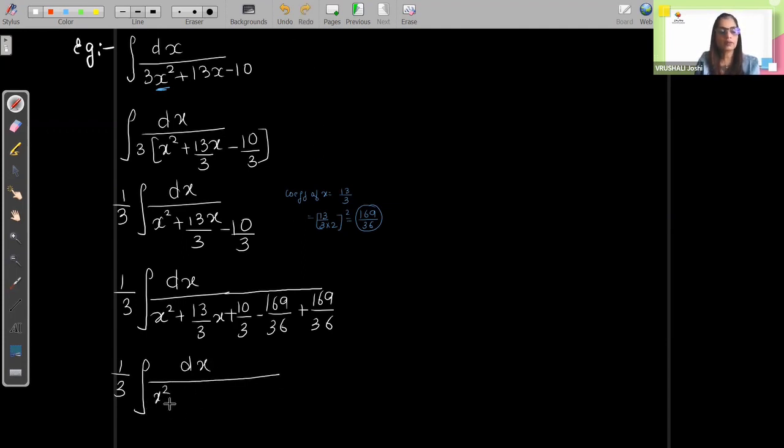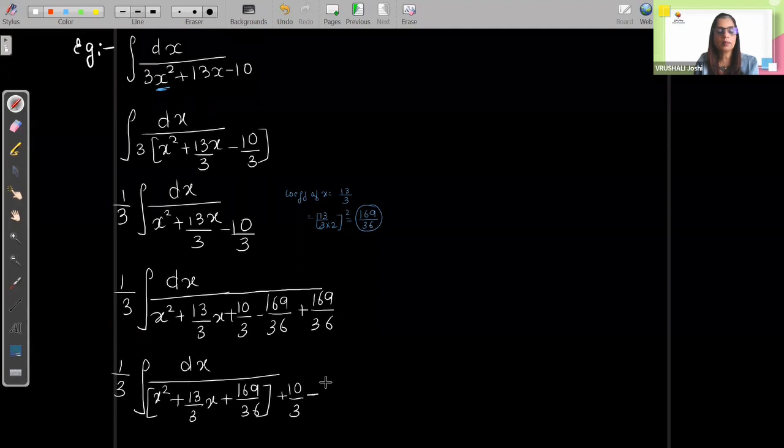We have x square plus 13 by 3x into, plus 169 by 36. ये एक bracket में we will take. And another bracket will have 10 by 3 minus 169 by 36. Are you guys getting what we are doing there? Correct? पता चल रहा है धीरे धीरे क्या हो रहा है?